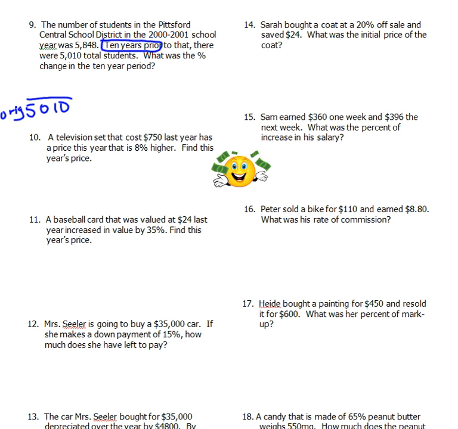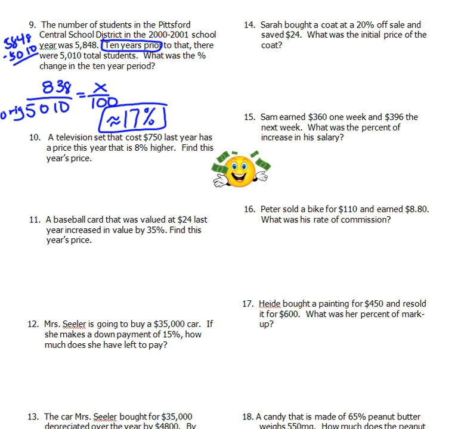Okay, so the difference is 5,848 minus 5,010, and you should get 838 equals x over 100. Cross multiply, solve, and it is approximately 17%. Get a repeating decimal there.